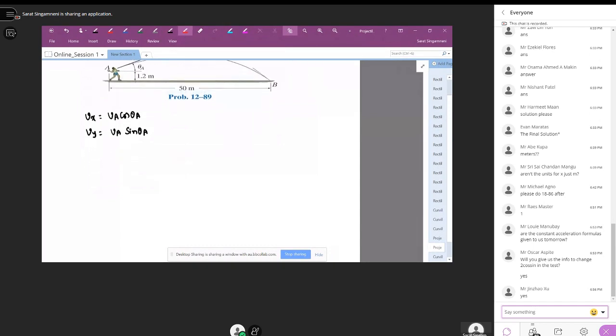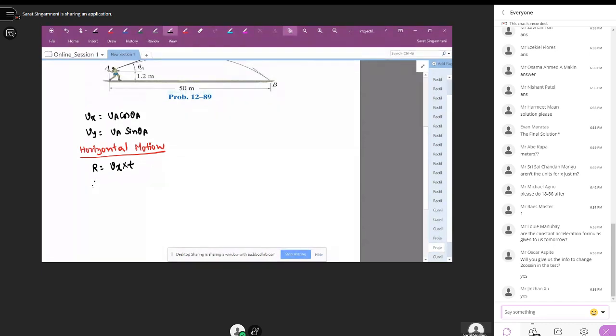Now, as in any projectile motion, we first analyze the horizontal part of the motion, which is R is equal to the constant acceleration in the horizontal direction times whatever time the particle is in flight. This is uniform velocity case.